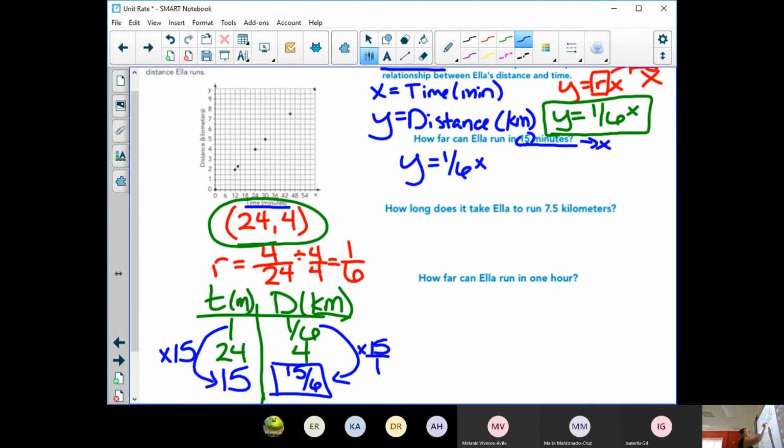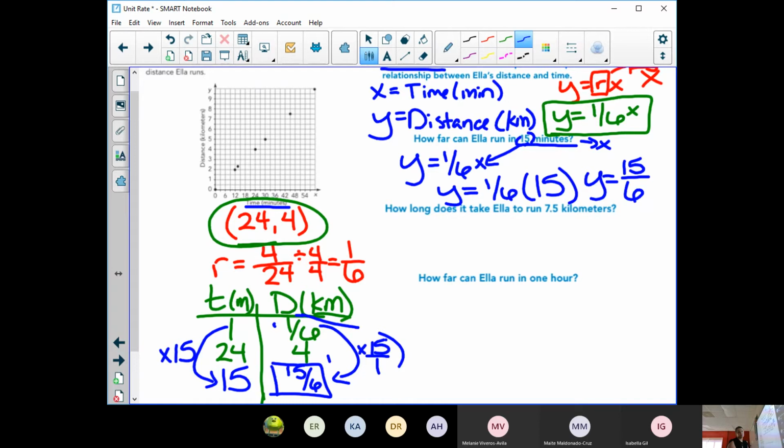So I can take this 15 and substitute it in for x in the equation and rewrite it as y equals 1/6 times 15, which is exactly what I did down here on my table. So y equals 1 times 15 is 15, 6 times 1 is 6, so 15/6. It's the same number. So once you know the equation, you can actually substitute numbers in for x or y to solve for the other variable.